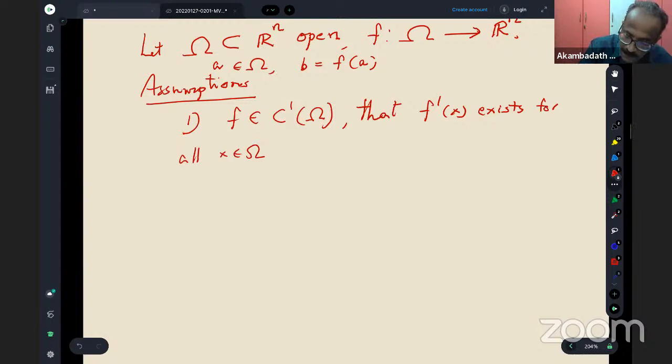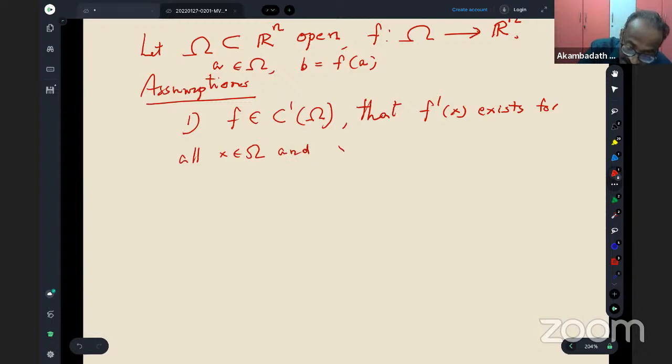And when I say C1, f prime of x for fixed x is a linear transformation. You have continuity, that's no issue. I'm not talking about the continuity of the derivative at a point. You have to have the derivative as a function of x. So that's the thing about C1.